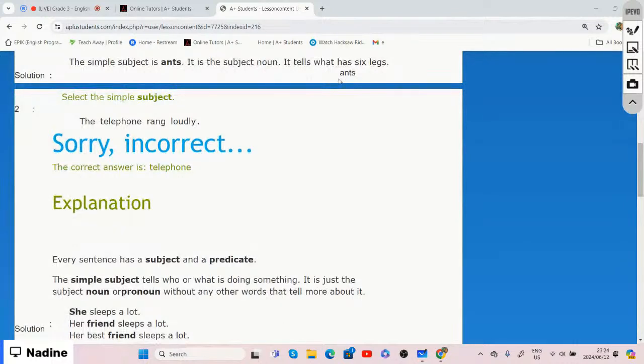It says select the simple subject. The telephone rang loudly. So the telephone rang loudly. We need to identify the subject that tells us either who or what is doing something.